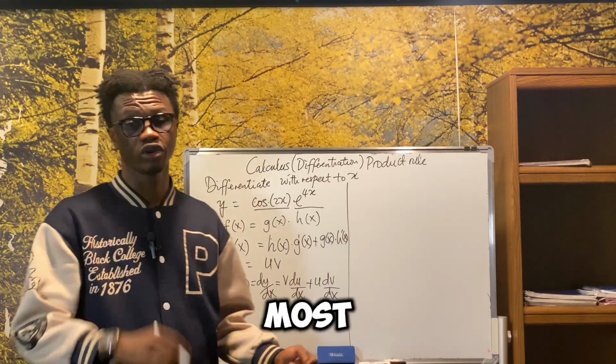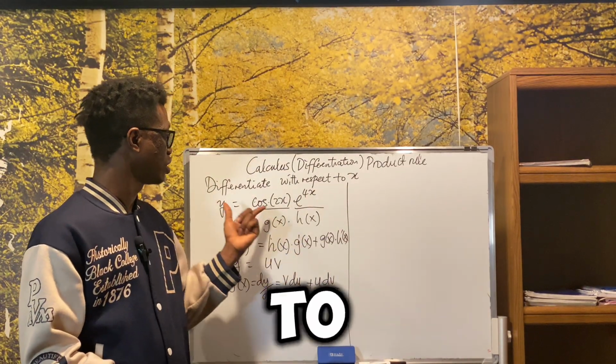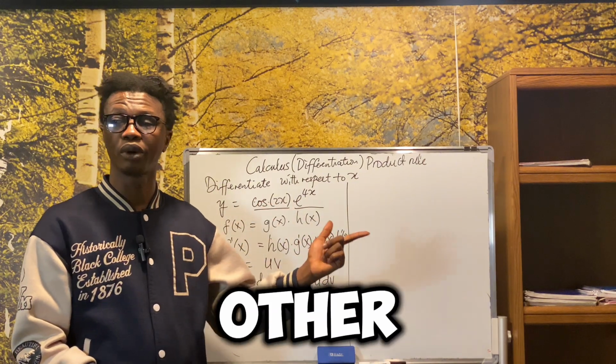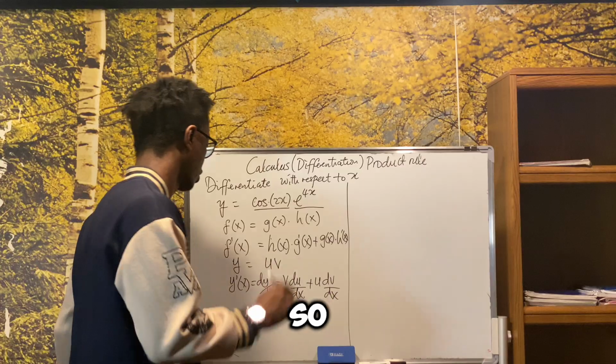Which most of you have seen. So now all you have to do here is to take one of these to be u and the other one be v. Easy.